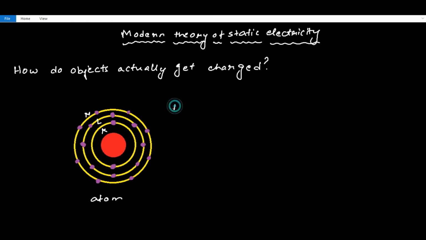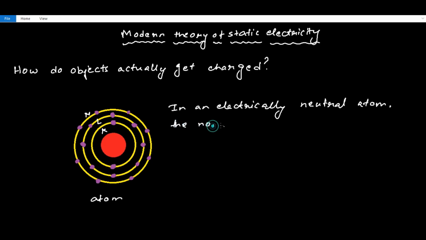Now, in an electrically neutral atom, the number of electrons is always equal to the number of protons.